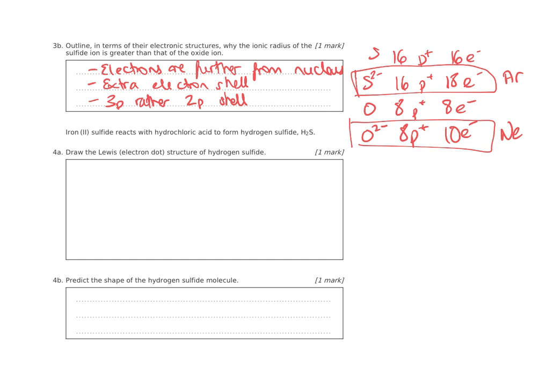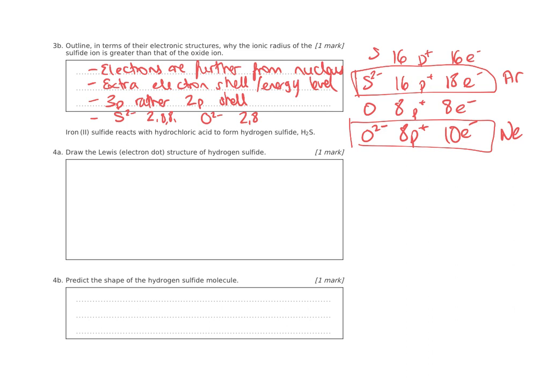You could give the electronic configuration, so you could say that S2 minus is 2,8,8 and O2 minus is 2,8. Electron shell, energy level, any of those would have got you the mark. So there's quite a few ways you could have worded that.